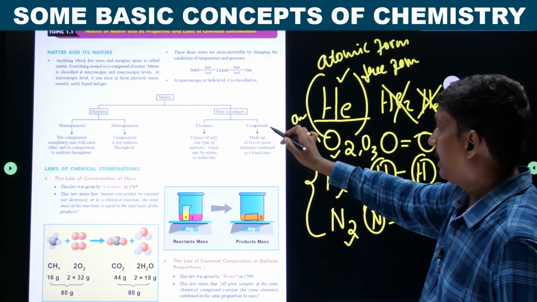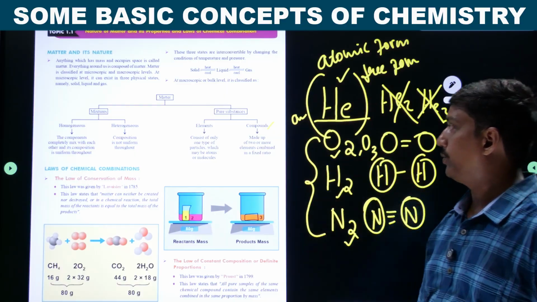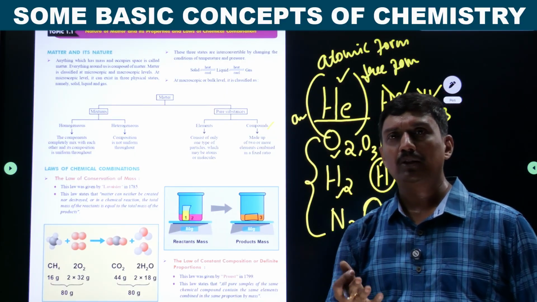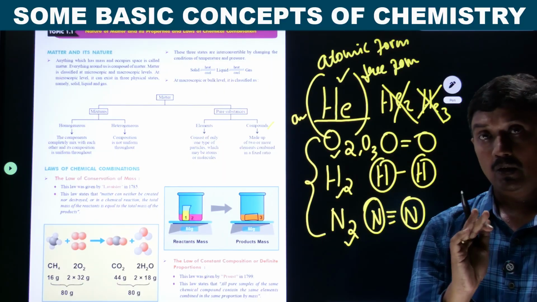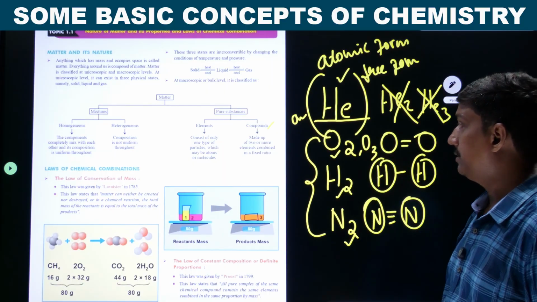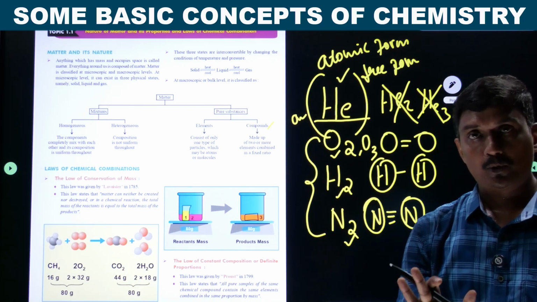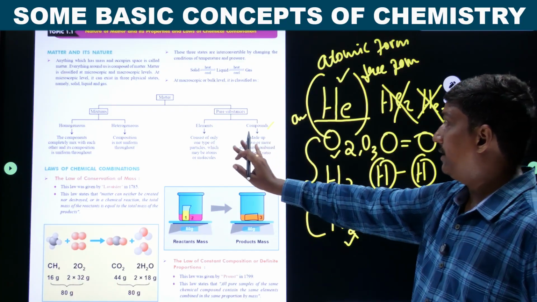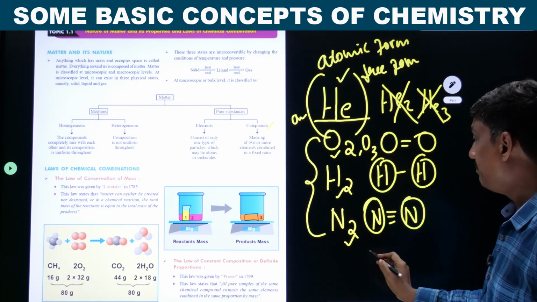Let's go for another topic, that is compounds. What is a compound? Usually we use compound in chemistry routinely. What exactly does compound mean? Compounds are substances. It is also pure, but the difference you can see is that it is made up of two or more elements.